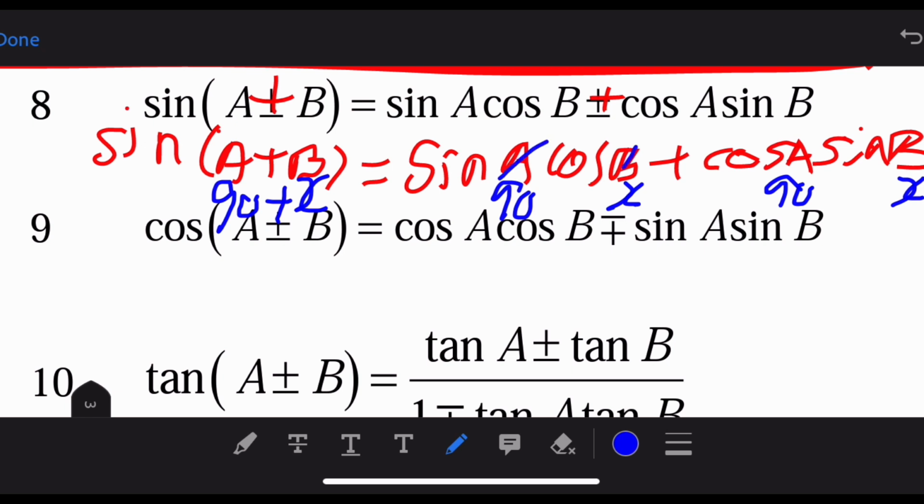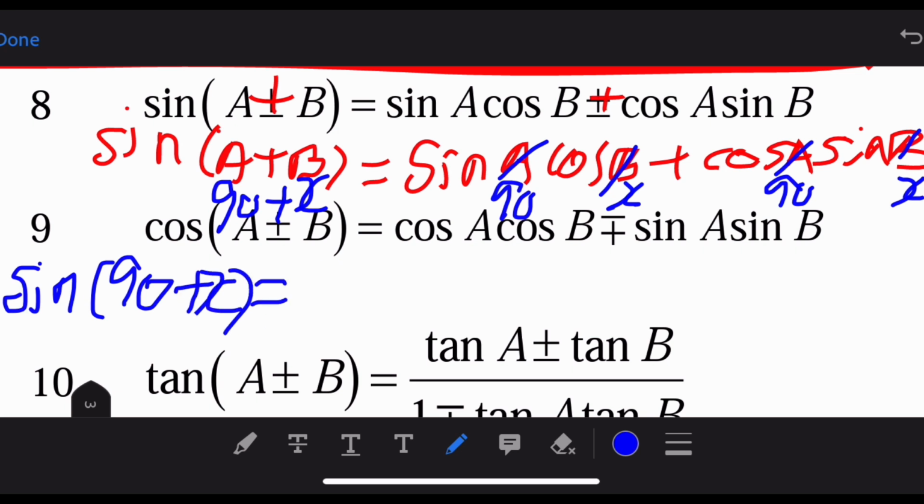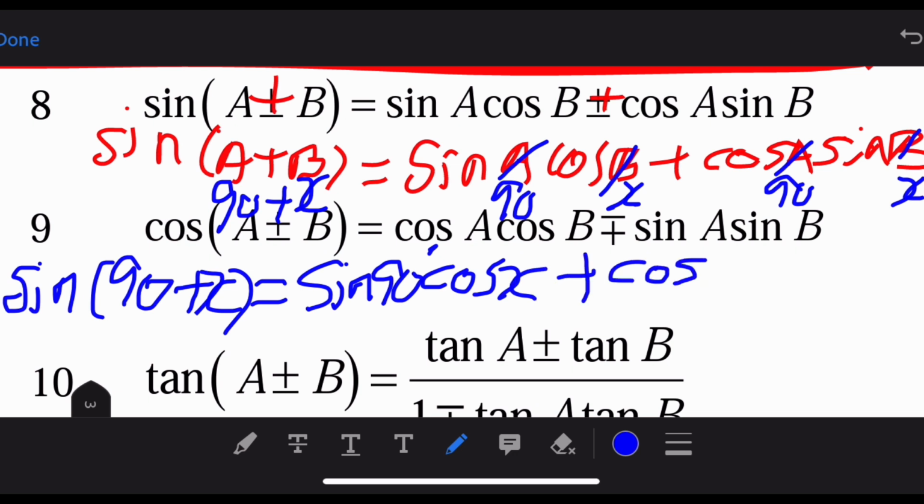Understand? That's how you apply the formula. You have to change according to the angle given, because they gave you 90 plus x. Again, sine 90 plus x equals sine 90 cos x, plus, still plus for the sine formula, cos 90 sine x.